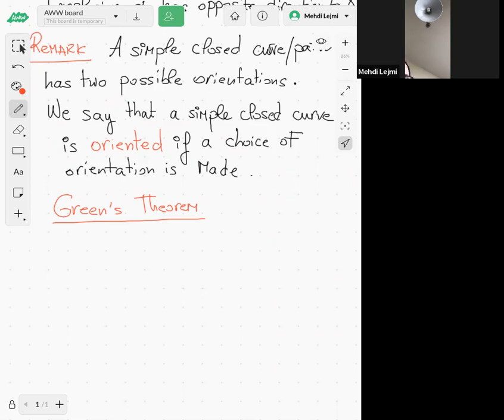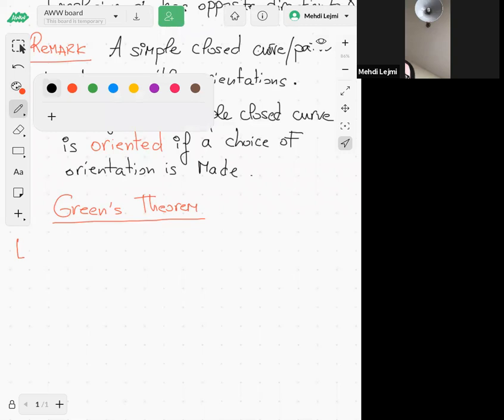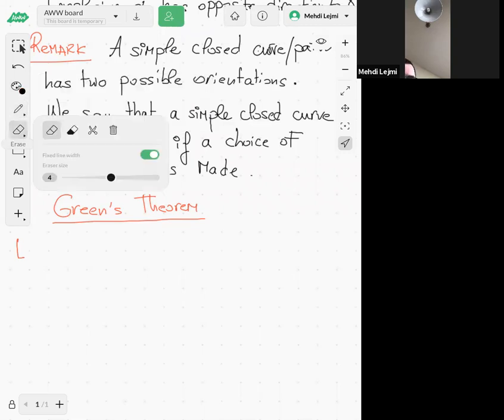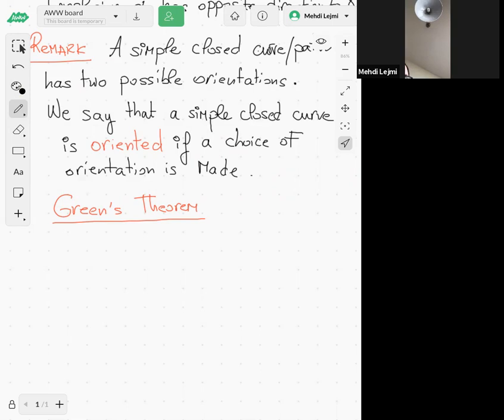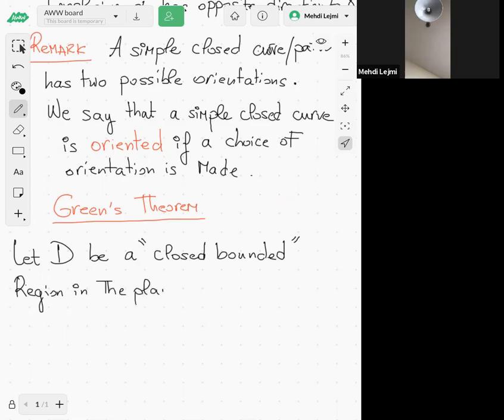Let D be a closed bounded region in R2, in the plane.